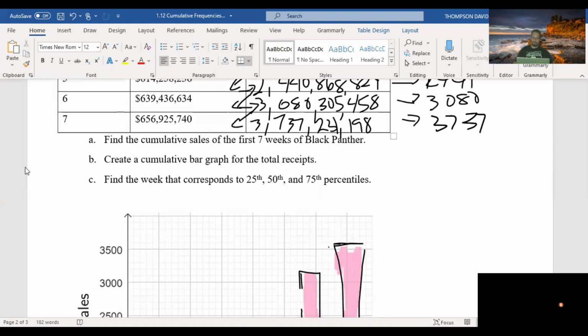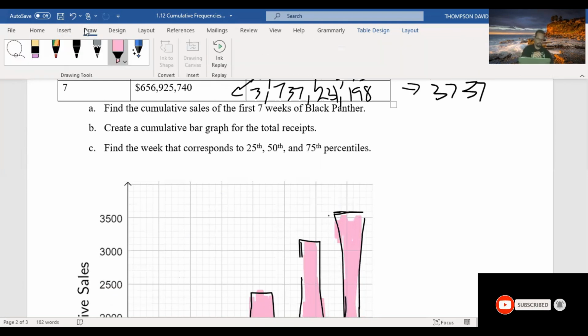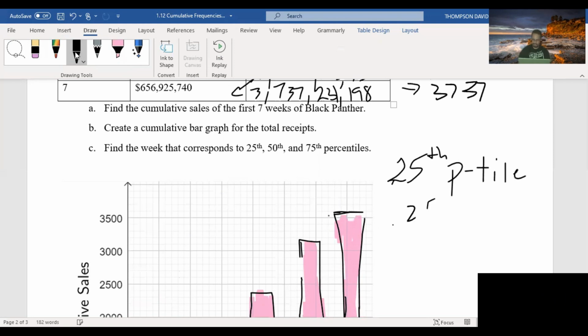And now we're going to find our 25th, 50th, and 75th percentiles. So to figure out the 25th, we'll abbreviate that as 25th percentile. That'll be just 0.25 times, we'll just round, 3,737 million.